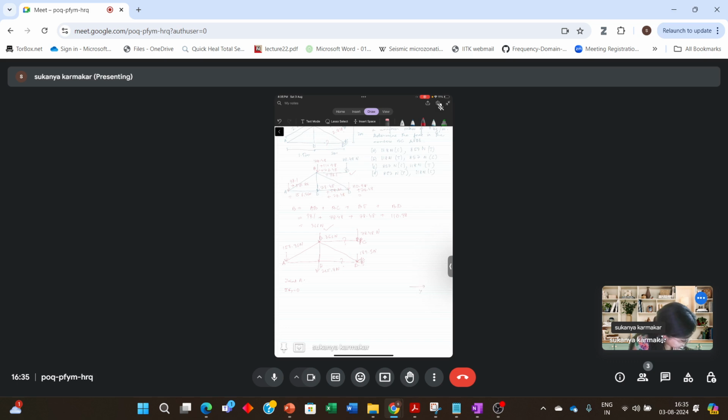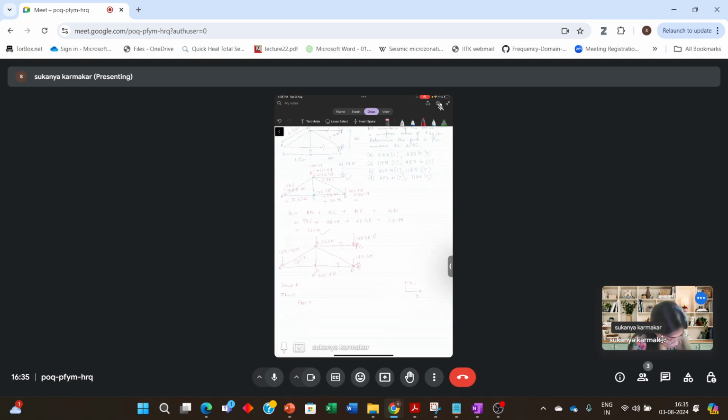This is my positive x direction, this is my positive y direction. So F_AB into its component in the vertically upward direction. So this is 2 and this is 1.5.